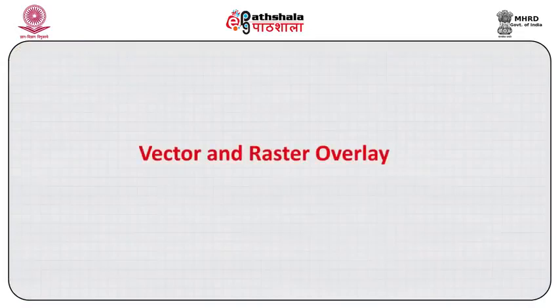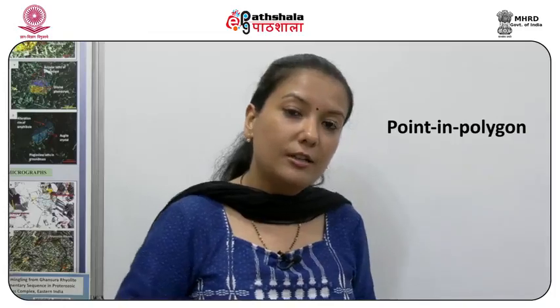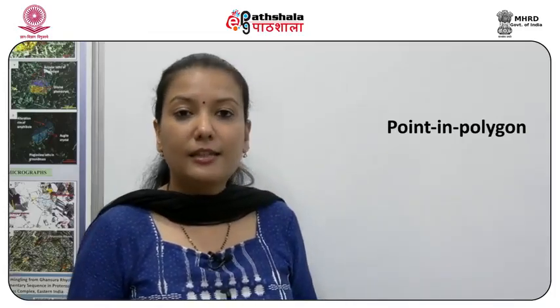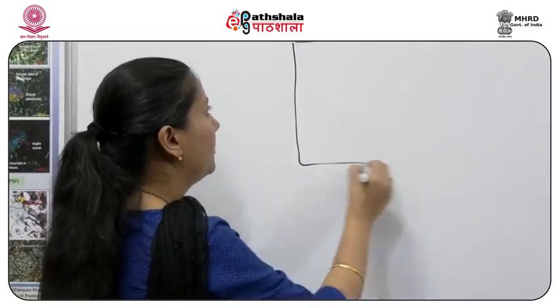To give you a picture of this, first of all you need to know that both vector and raster data can be spatially overlaid upon each other. The first thing we will consider here is a vector overlay method, the point and polygon method. What does the point and polygon method imply? As it suggests, I'll draw two features.